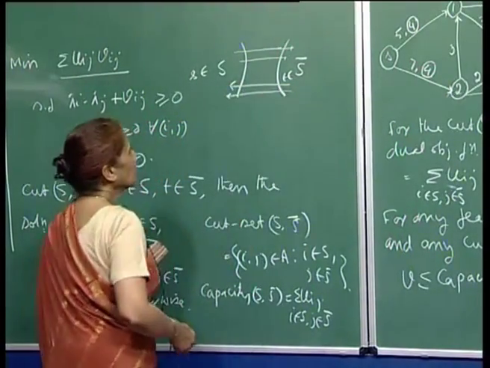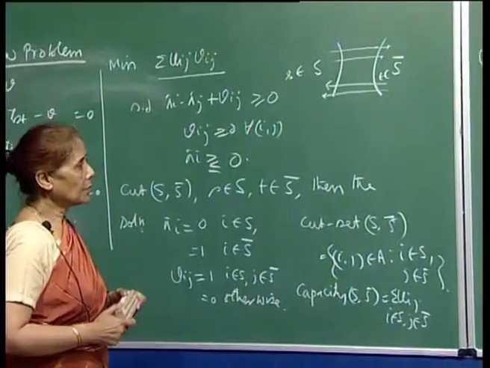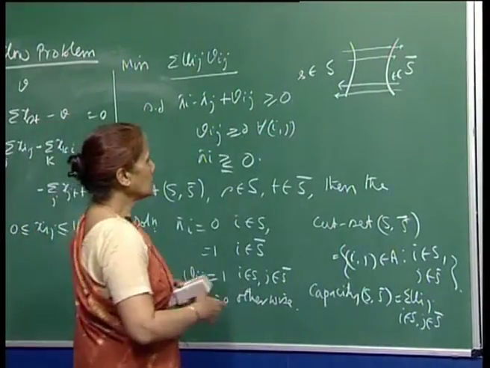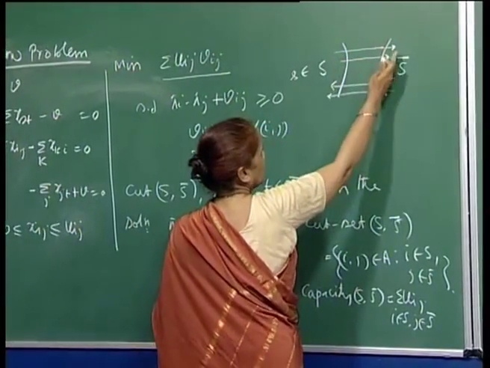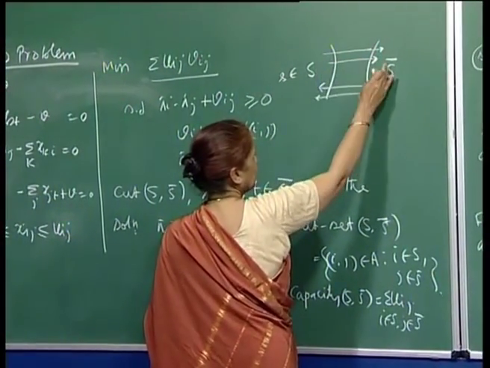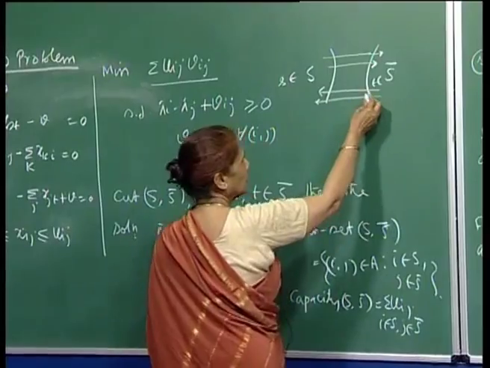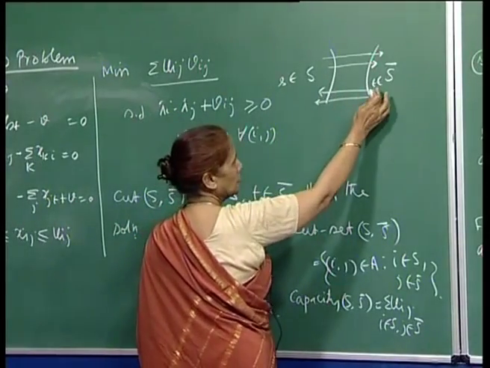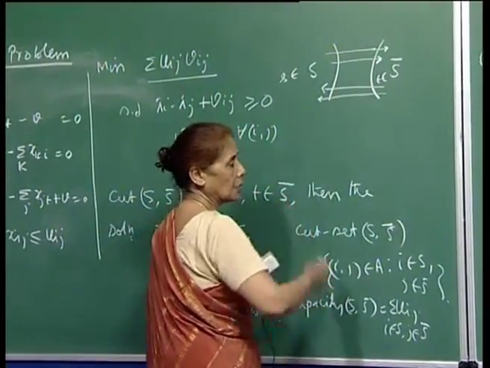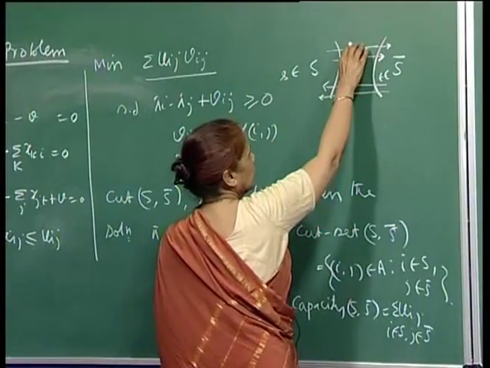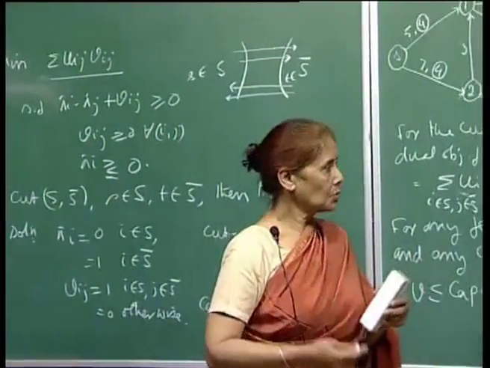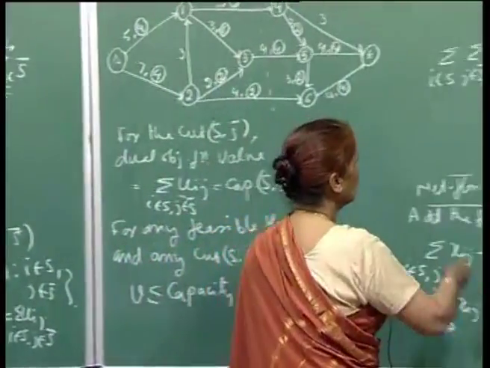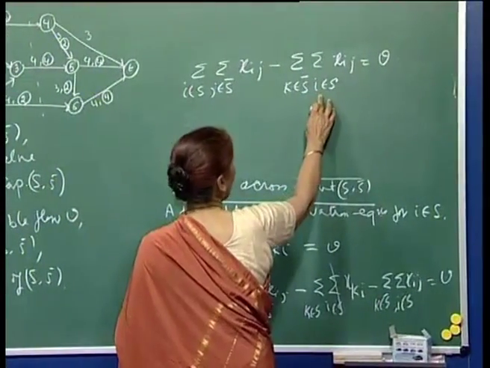When we talk about the net flow across a cut, what we mean is that this much flow along the forward arcs is going from S to S bar, and some flow along the backward arcs, that means arcs going from S bar to S. So the net flow would be adding up these forward flows minus the backward flows. This is what we mean, so this is your net flow across the cut.